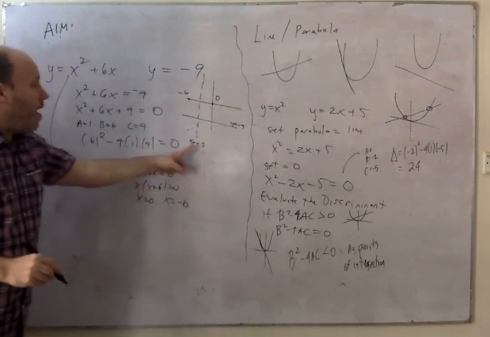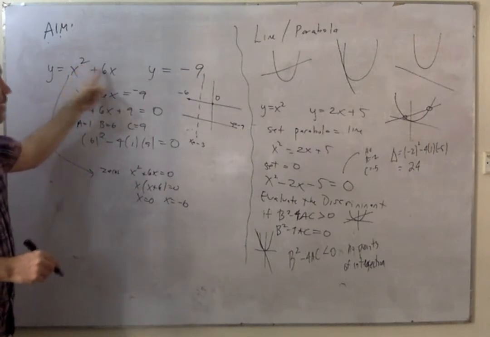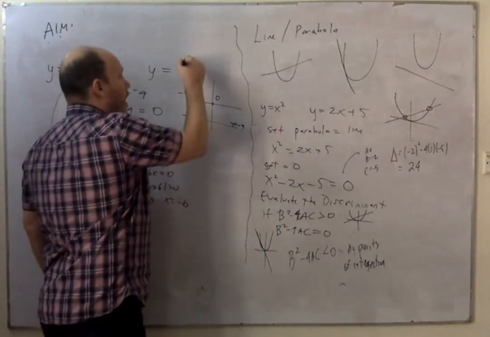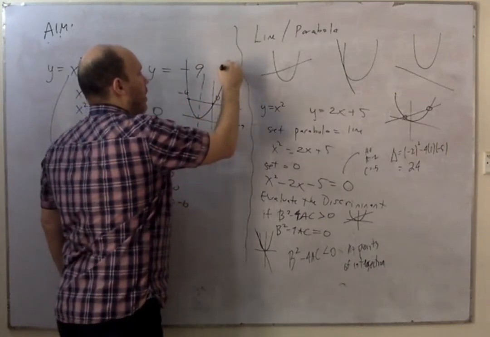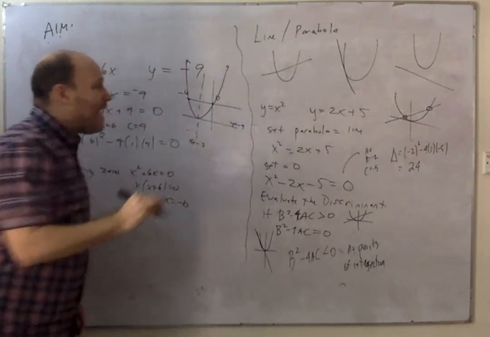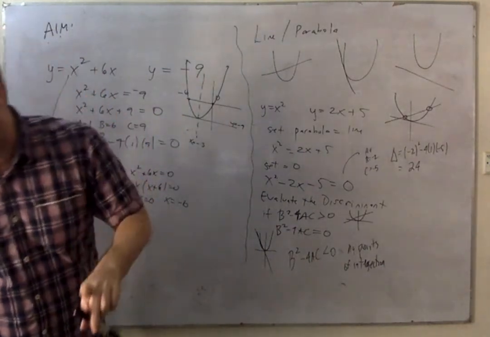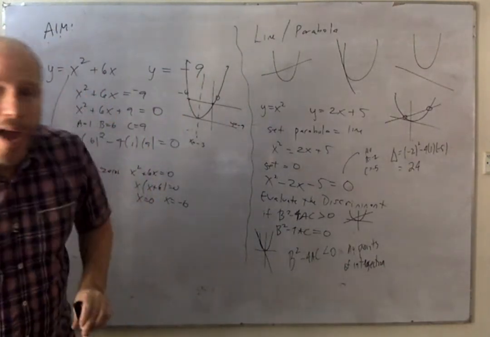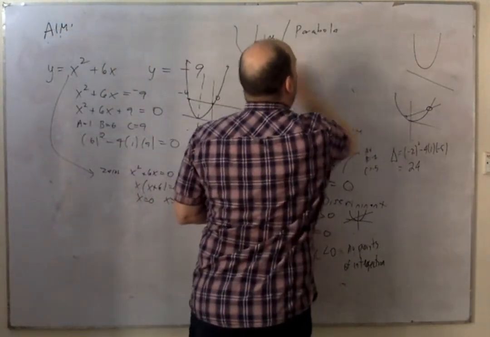That means that when I plug negative 3 in here, I get 9 minus 18, I get negative 9, and my parabola looks like this. And we can see that this parabola and this line intersect in one place, where we say the line is tangent to the parabola.